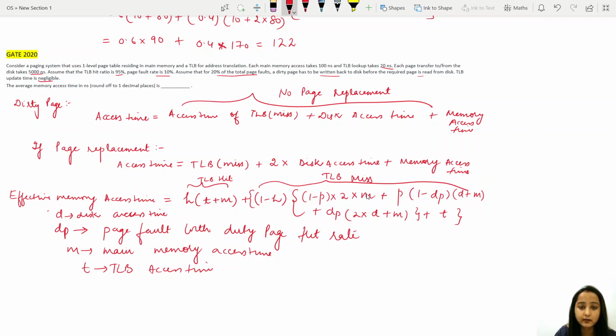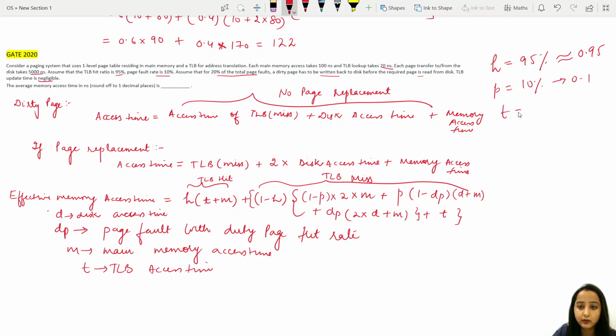So h is the hit ratio, that is given as 95%. I can write it as 0.95. And the page fault rate is given as 10%, so I can write it as 0.1.